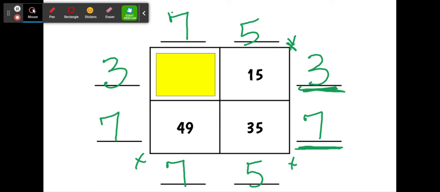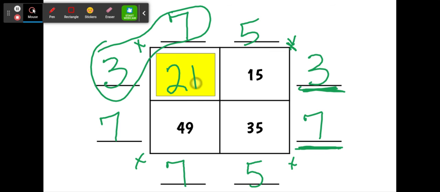Now that I've filled in all of my factors, I can simply multiply these two factors together to get my target number that's missing. 3 times 7 is 21.